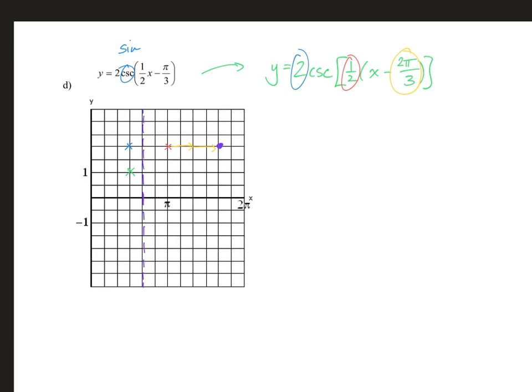Okay, I'm just going to get rid of all those details. Pause the video if you need to. But I know that that point represents a minimum.